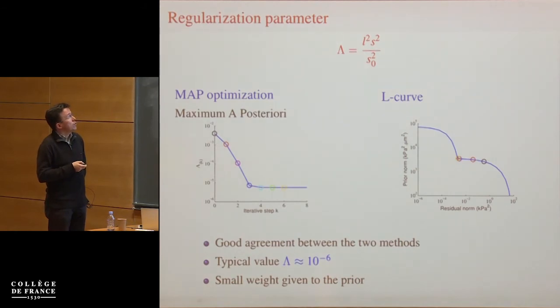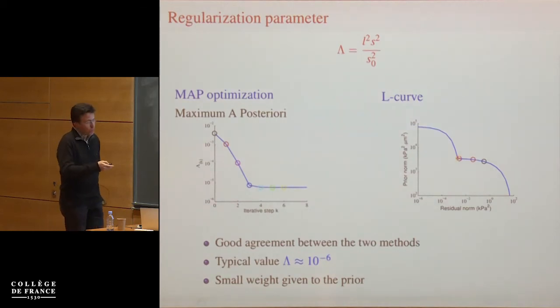So the optimization is not analytical. We used an iterative implementation of it. And what you can see here is that after a few steps of the implementation, we find a good convergence towards a fixed value of lambda, which coincides with the position of the corner here in the L curve.